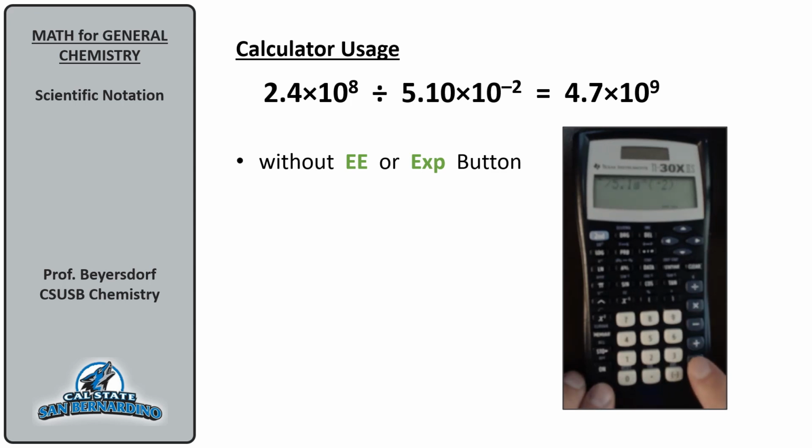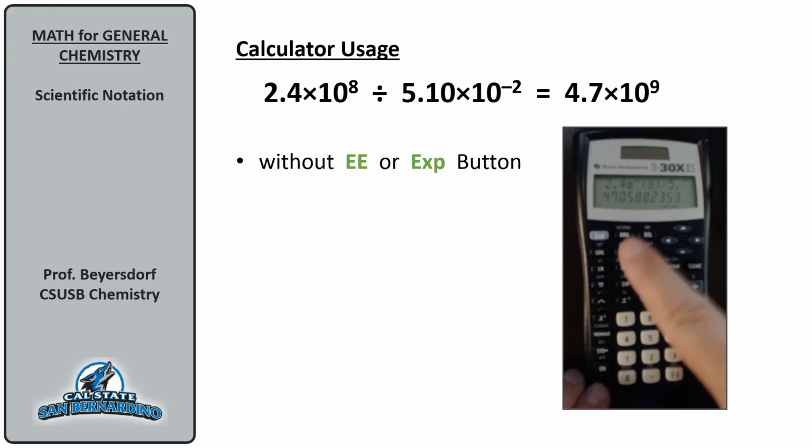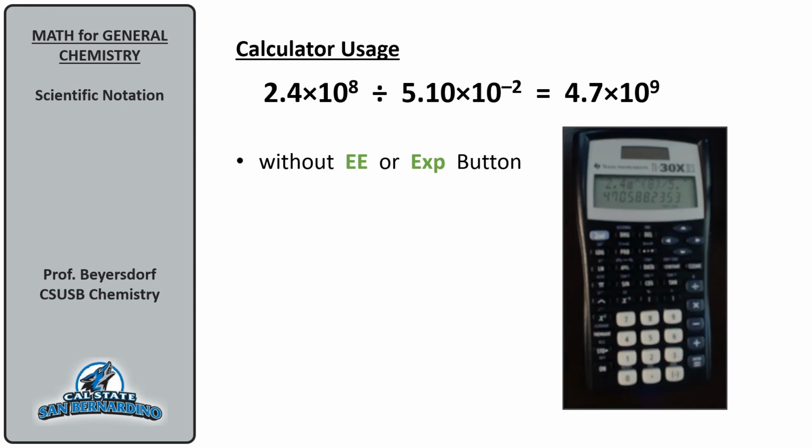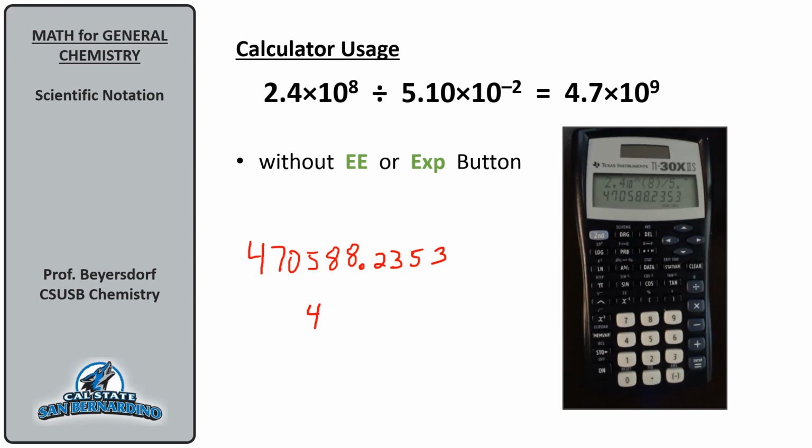And let's see what I get. I get this number right here. It's 4,705,88.2353. Okay, so you can't quite see it perfectly. 0.2353. This is not the same, right? This would only be 4.7 times 10 to the 5th.